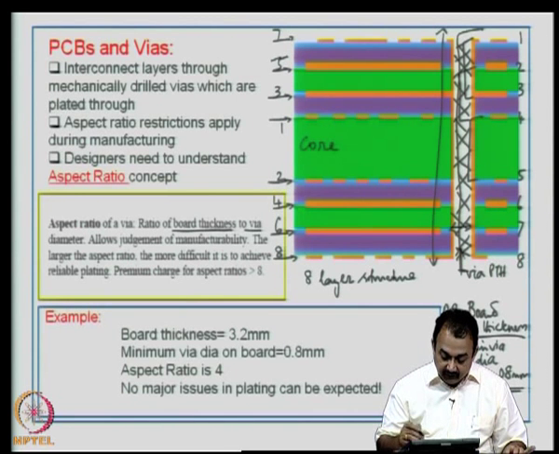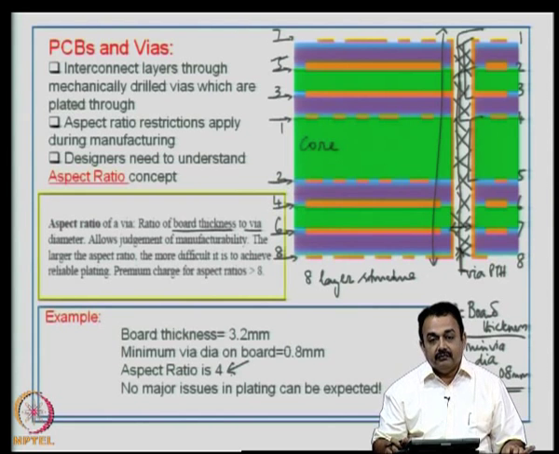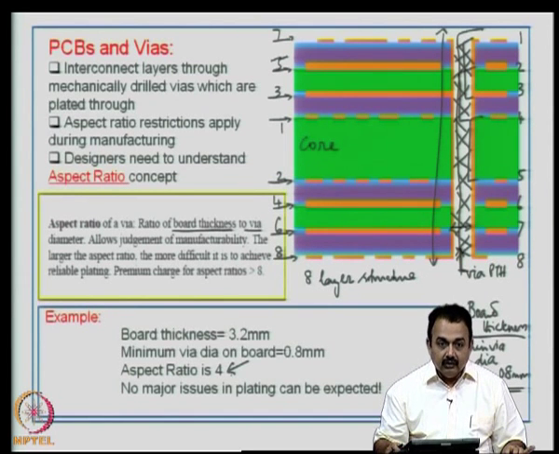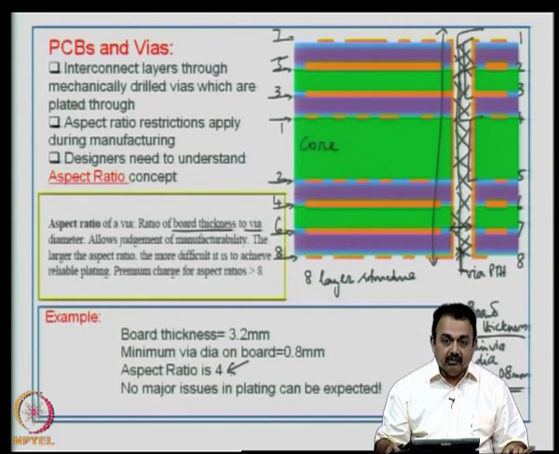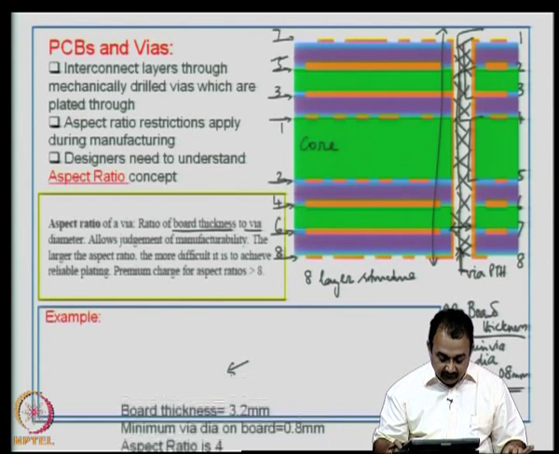Therefore, the aspect ratio is 4. Now, typically with this kind of a scenario, no major issues in plating can be expected. It is very easy to plate a hole that is 0.8 mm in size on a thickness of 3.2 mm. So, you can accept this board for manufacturing.